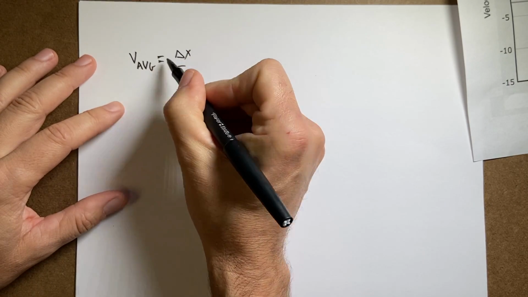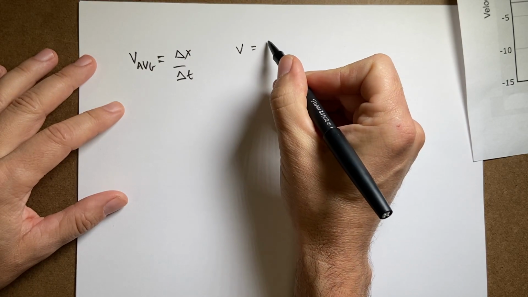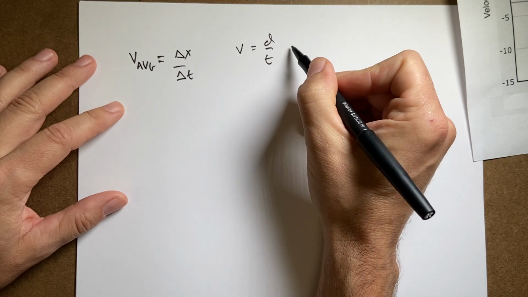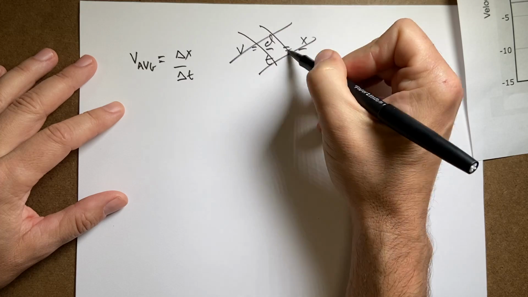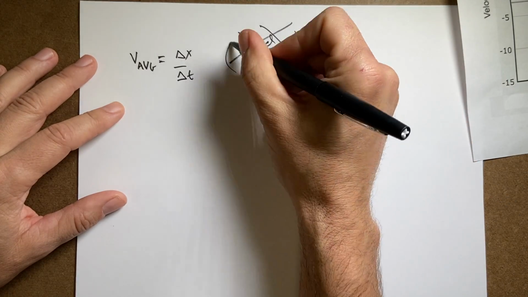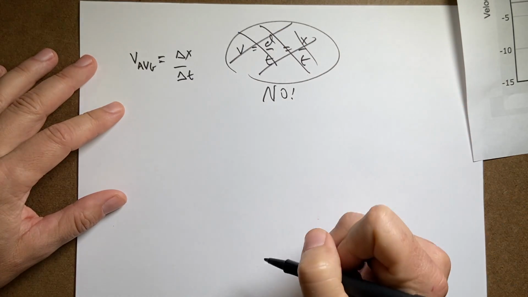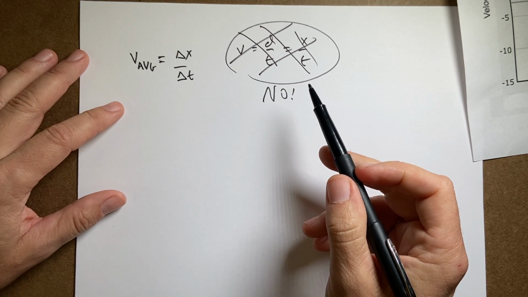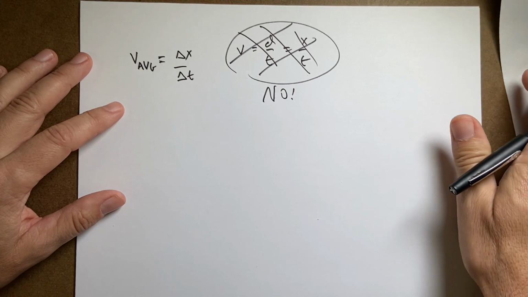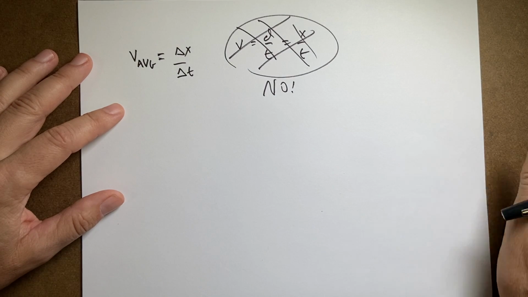If you write v equals d over t or v equals x over t, don't do that. Okay, that's not true. That may give you the right answer in some cases, but there are a lot of cases where that will not give you the right answer. So just don't even do it.